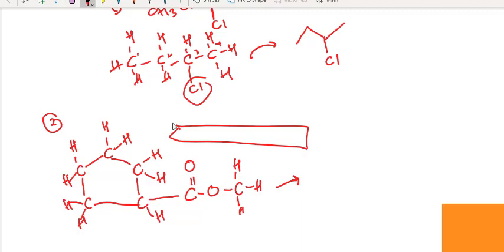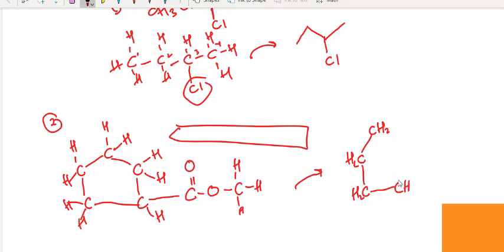Okay, so we have to follow the structure. If we can see, the cyclic structure here is in the form of pentagon. So the condensed structure also must be in the form of pentagon. CH2 connected to CH2 connected to CH2 connected to C with one hydrogen.